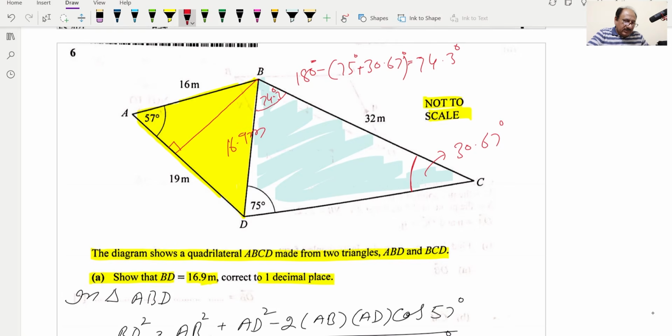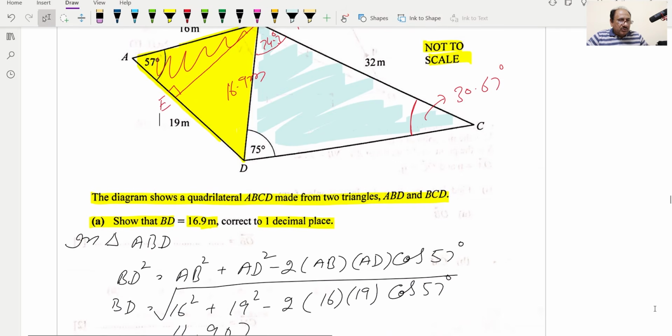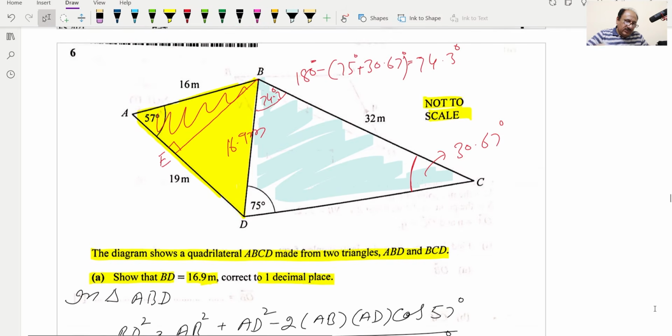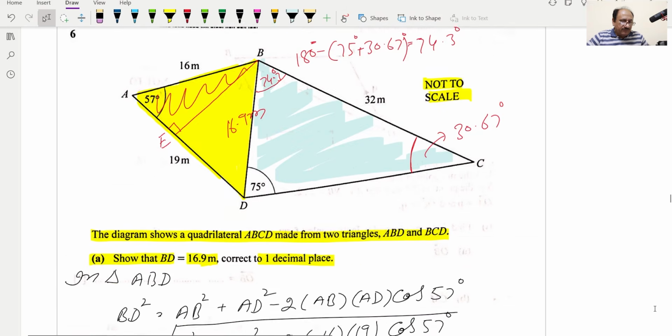Now we can basically consider this smaller triangle, and we can name it ABE. So in triangle ABE, EB will be opposite over hypotenuse, which is AB, so it will be sine of 57.